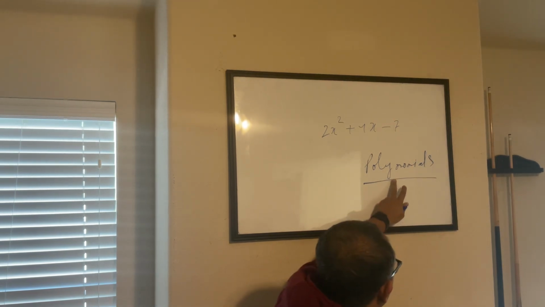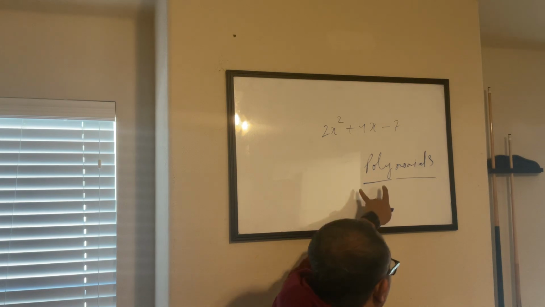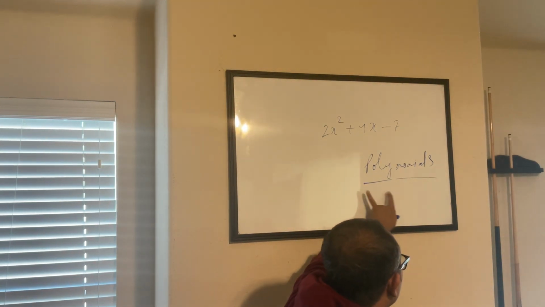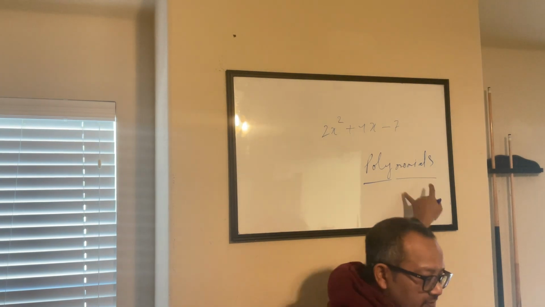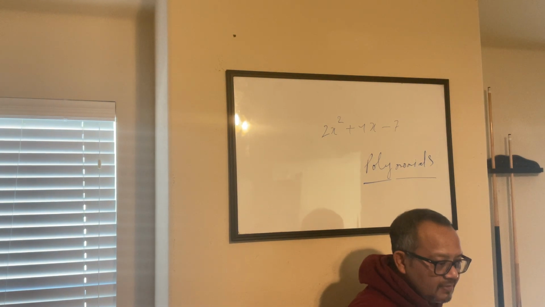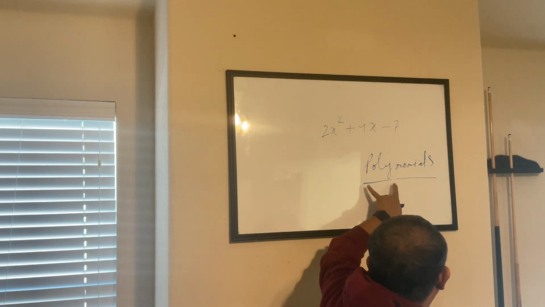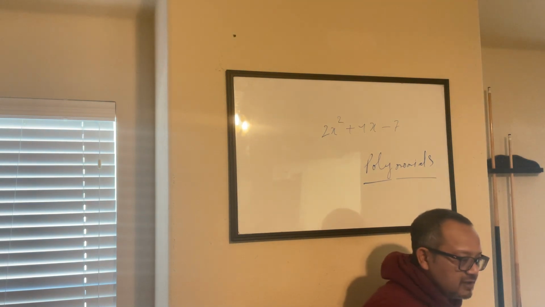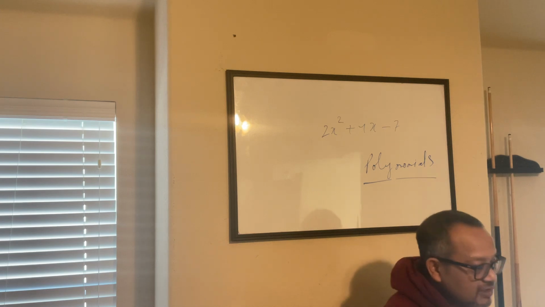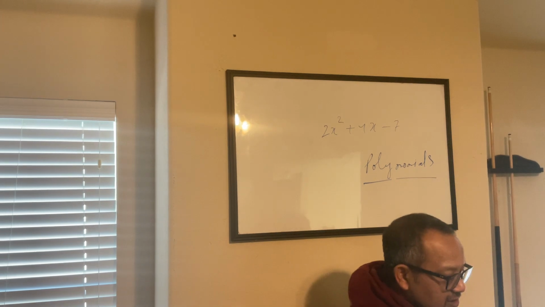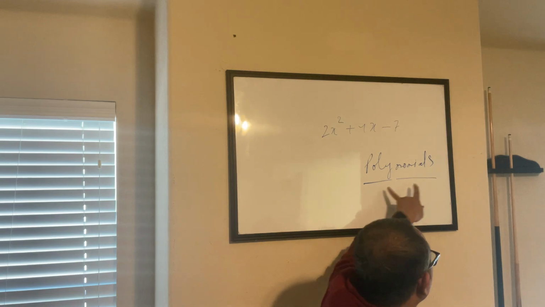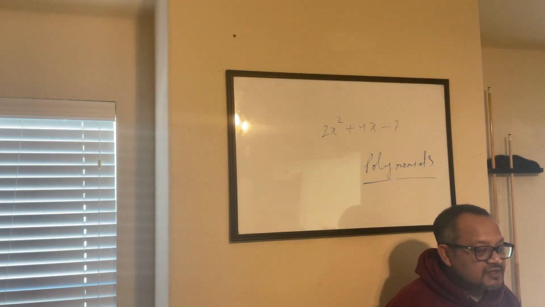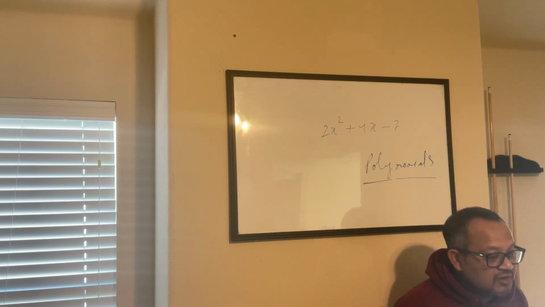If you look at this, I have two things here, poly and nomials. Poly is a Greek word, this is a Latin word. So, poly means many and nomial stands for name in Latin. I hope I'm pronouncing it right. So, polynomial stands for many names. And in mathematical world, we'll say many terms. Now you'll say, what is a term?